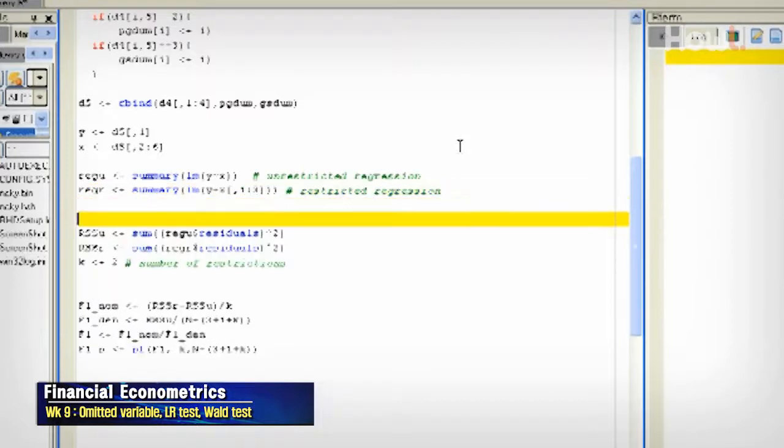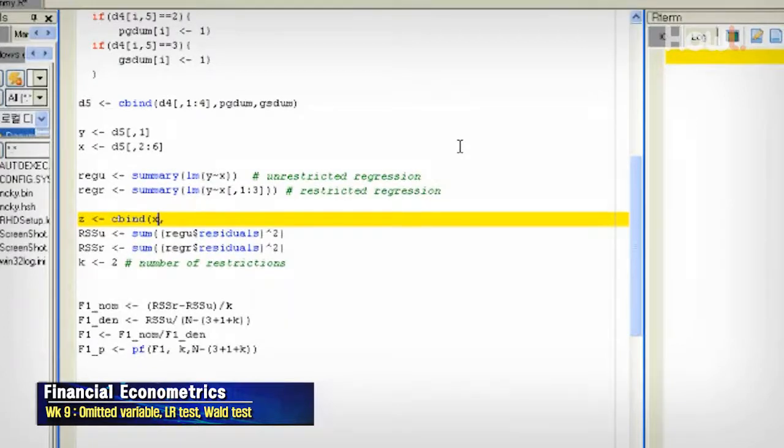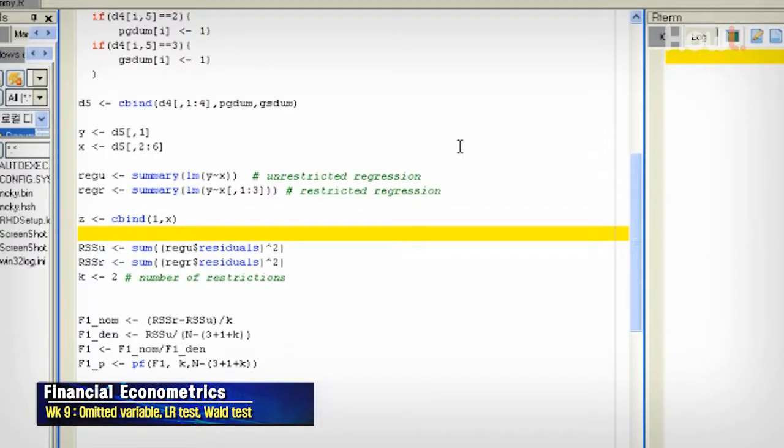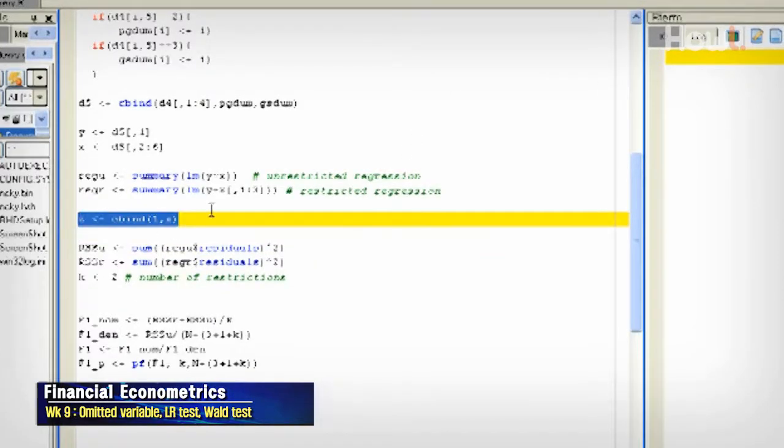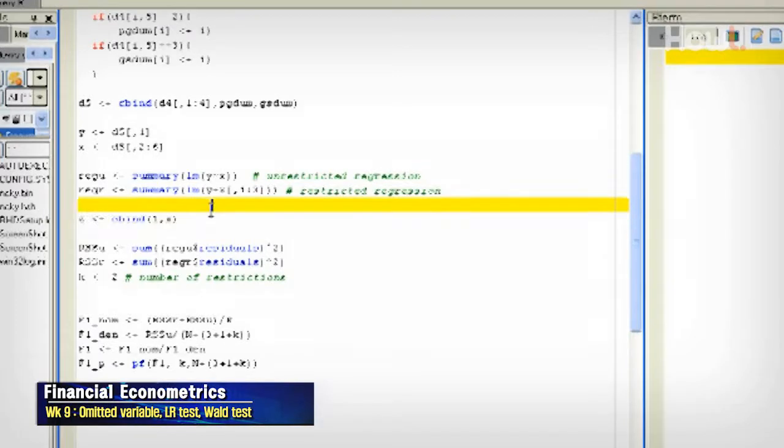So let's define Z. Z is basically cbind of 1 and X, right? In this way, I created one vector in front, because in this regression we have to add a constant term. This is Z, our new data matrix, including the constant.